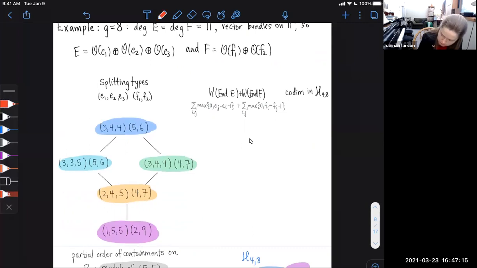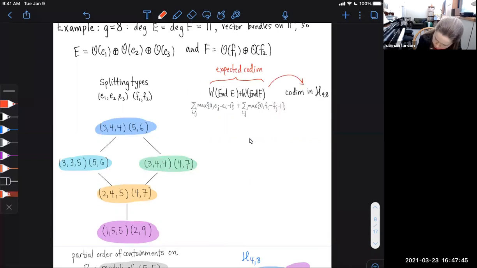And in this second column here, I'm going to list H^1 of End E plus H^1 of End F. And this quantity is called the expected codimension. It's something that measures how special the splitting types are, viewed in the moduli of vector bundles on P1.